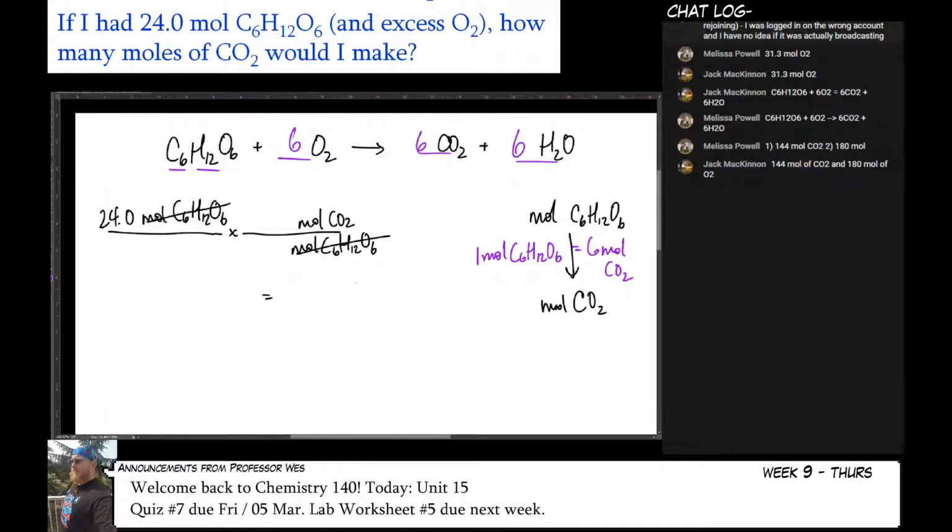That'll give me moles of CO2 for my answer. And then we just run the numbers, right? So 6 CO2s, 1 glucose. So whatever 24 times 6 is, is that 144? Yeah, it's 144. There you go.